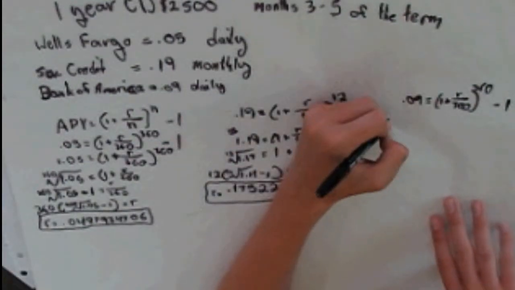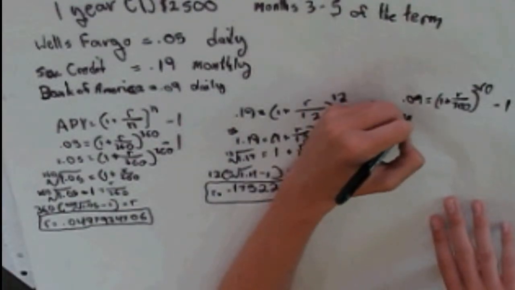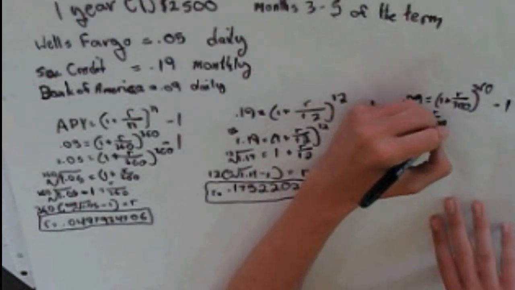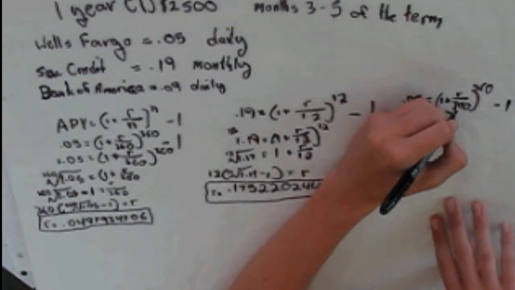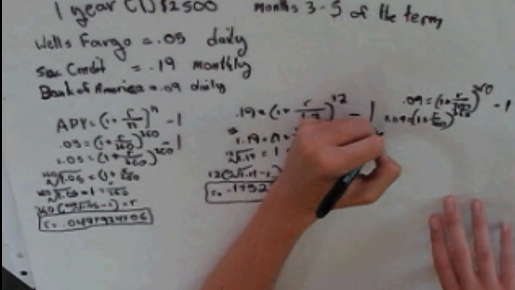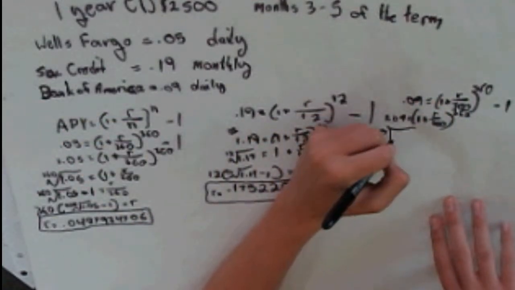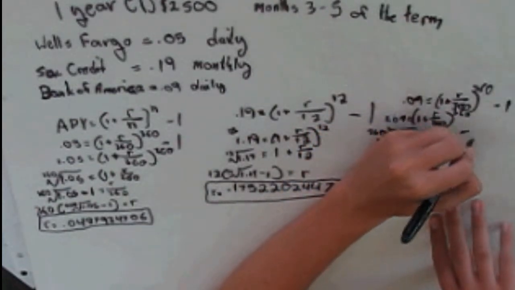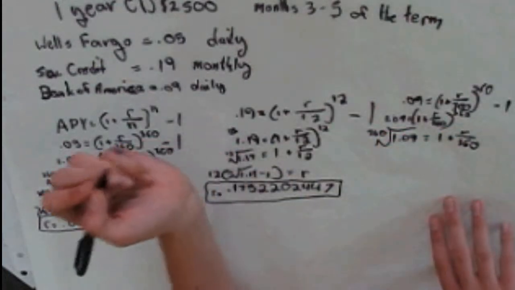And you're going to add the 1, so it's 1.09 equals 1 plus R over 360, don't forget the parentheses, raised to the 360th. You take the 360th root of 1.09, and that's going to equal 1 plus R over 360.